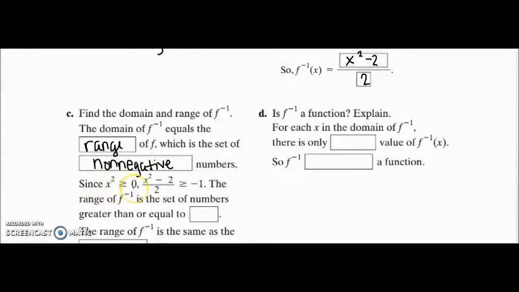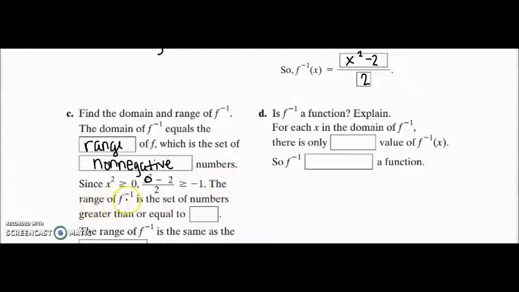Okay, and so since this thing has to be greater than or equal to 0 because it's being squared, then this thing has to be greater than or equal to negative 1. Because the smallest this could be is 0. If this is 0, then we get negative 2 divided by 2. Well, that's just negative 1. So this thing must be bigger than negative 1.